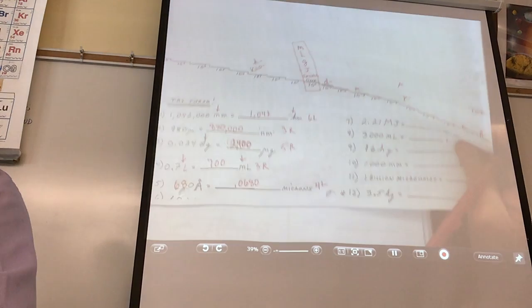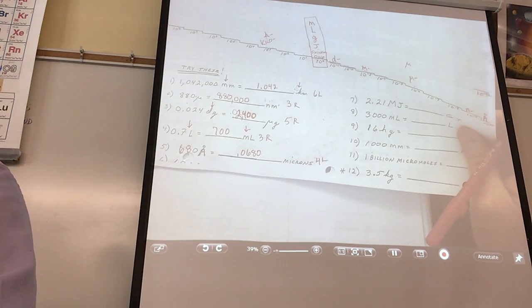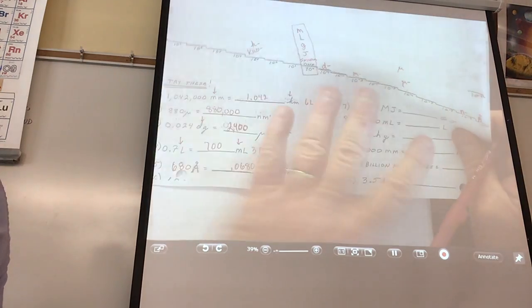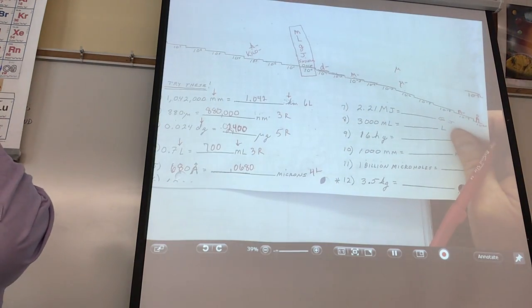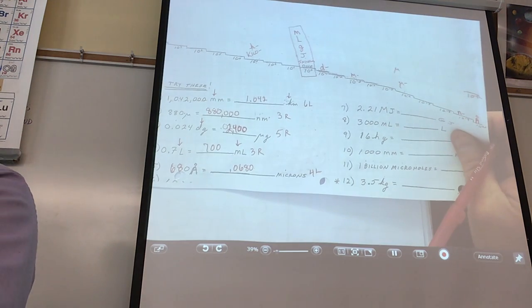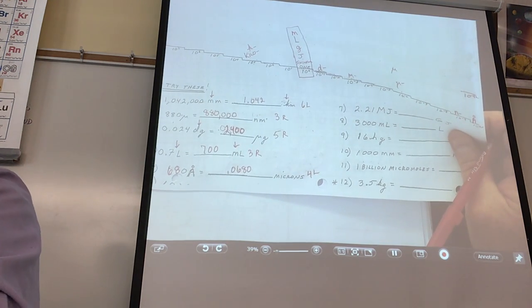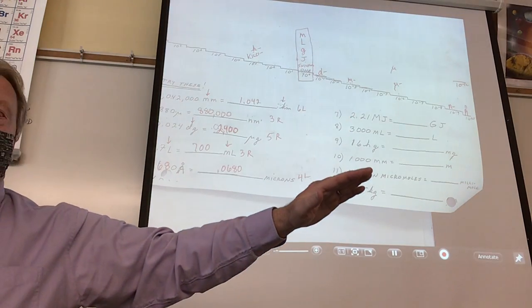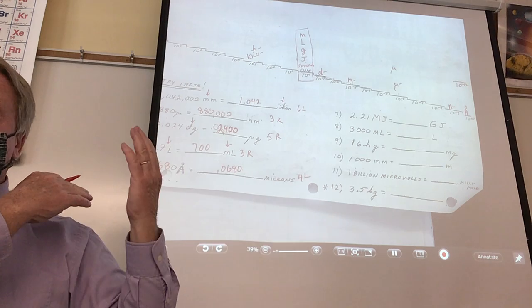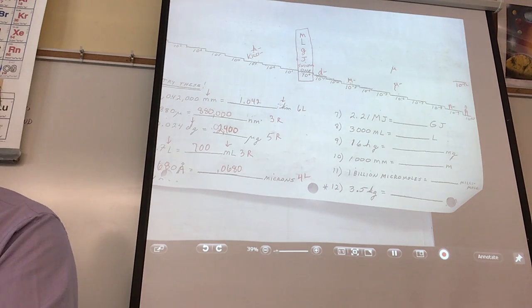Nice. What do you think? See, a lot of you just don't believe that you're getting these right because it's just too easy, isn't it? Now, eventually this chart is going to be up here. Here's another thing eventually you'll be able to do. Angstrom, 10 to the minus 10. Micron, 10 to the minus 6. It's 4 to the left. See that?